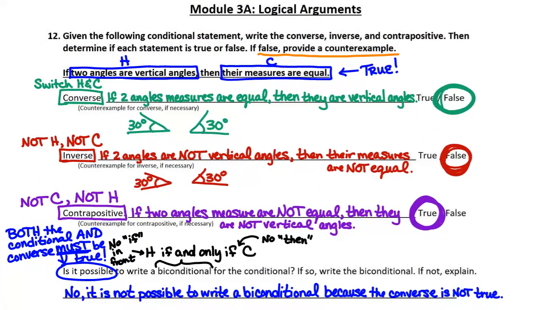And if I could write it, here's what it would sound like. Two angles are vertical angles if and only if their measures are equal. That means it goes both directions. The only way I can have vertical angles is if their measures are equal, and the only way I can have two angle measures equal is if they're vertical angles. That's what a biconditional says. We have it one direction, but we don't have it the other direction. The converse is not true.